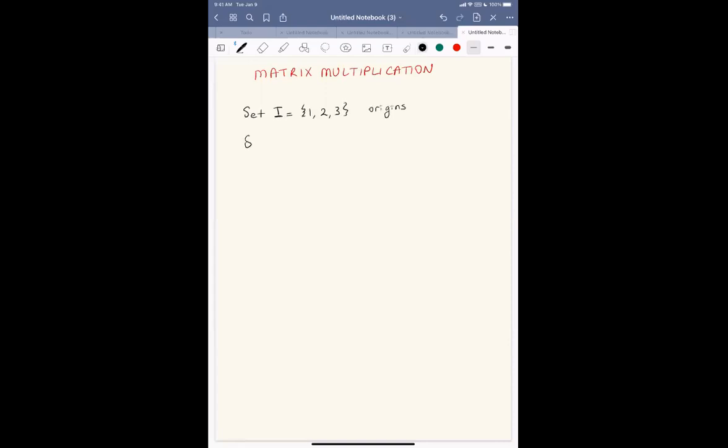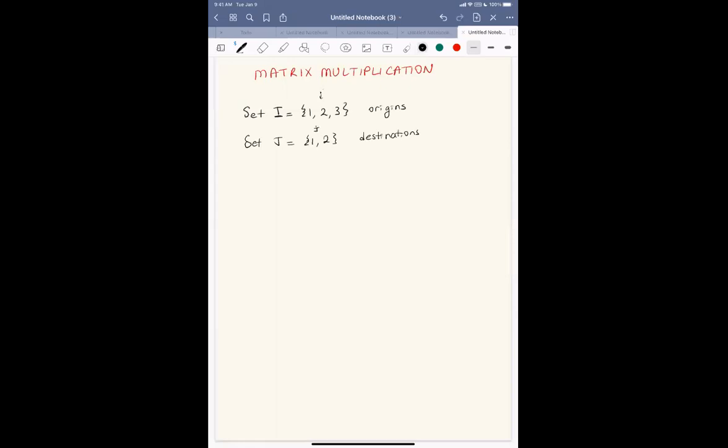And then we have another index set, which has 2 elements, 1 and 2, and this represents destinations. Again, if we want to refer to an element in set I, we'll use the lowercase letter i. And if we want to refer to an element in set J, we'll use the lowercase j.